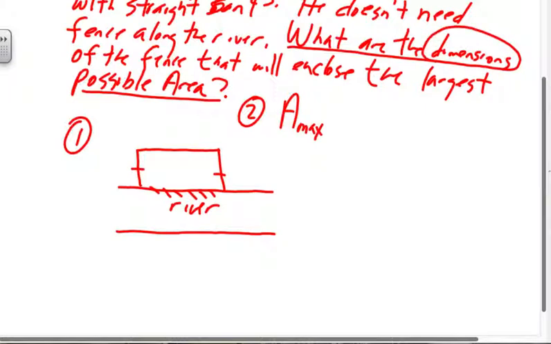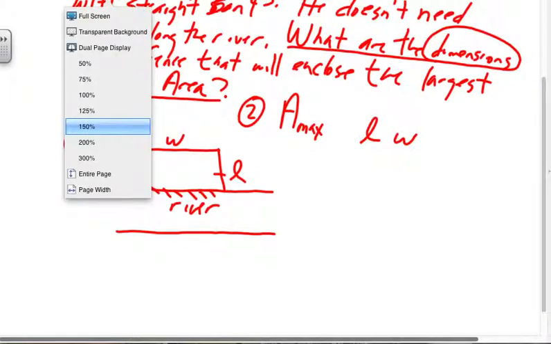So what we need is length and width. Okay, so let's call this W. That means this is going to be L, and this is going to be L. And that's what we're after, are L and W.